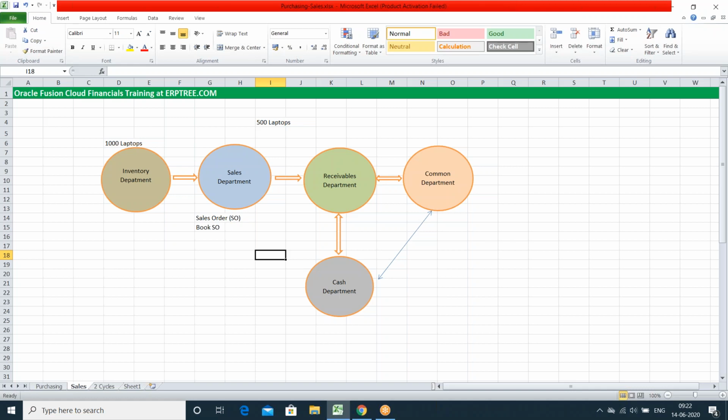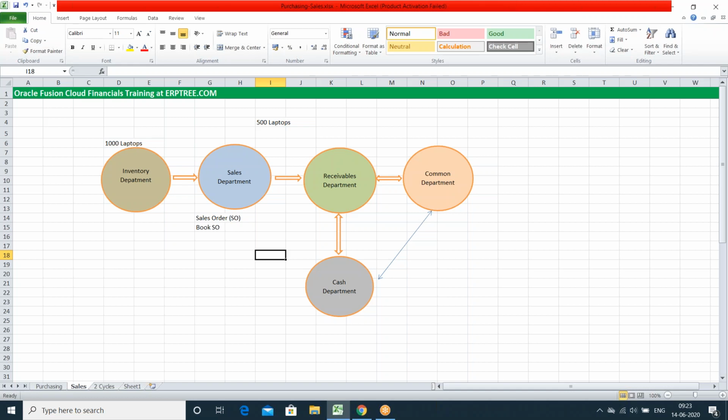Out of 20, they may confirm only 2 because they have the capability of supply for only 2 orders. They may receive a number of orders from customers, and they confirm against the orders they can fulfill, the ones they can supply the material for. The confirmation the sales department does against the sales orders, that we call booking the sales order.